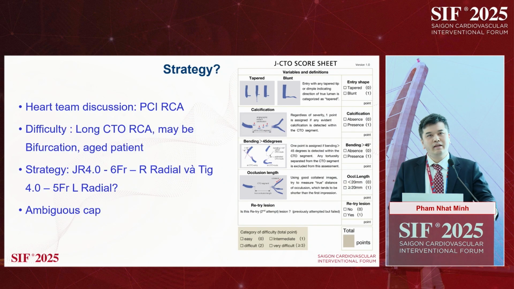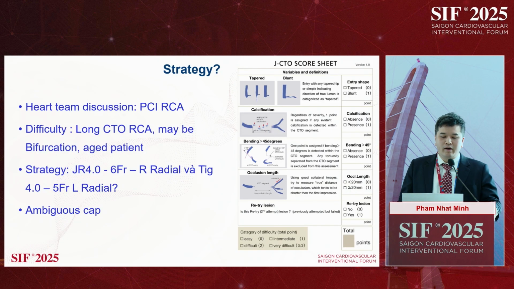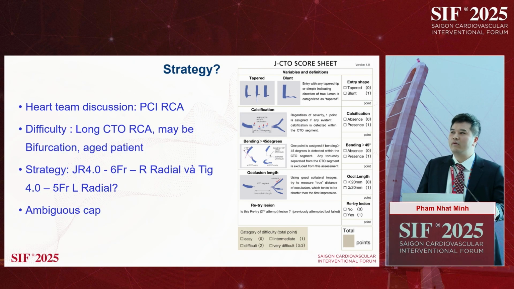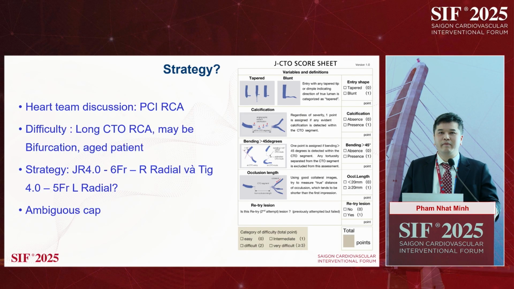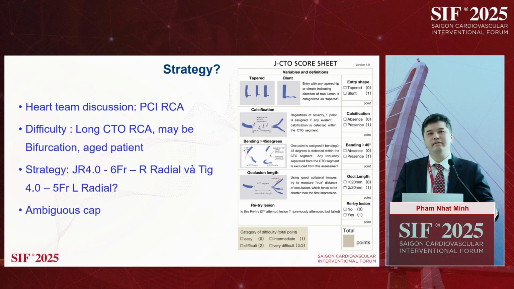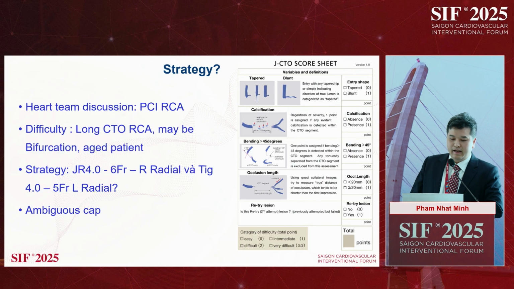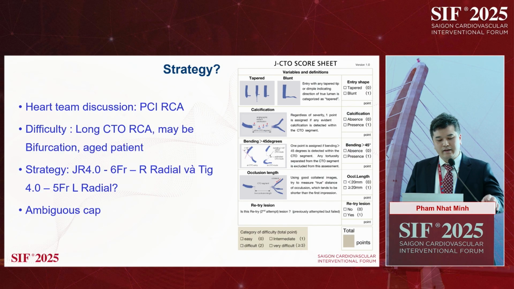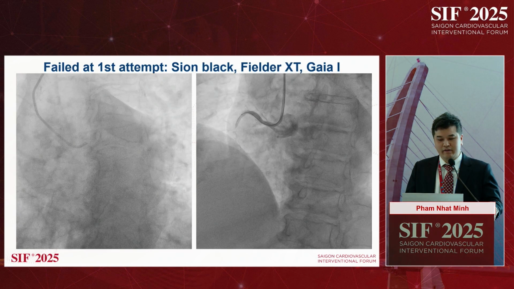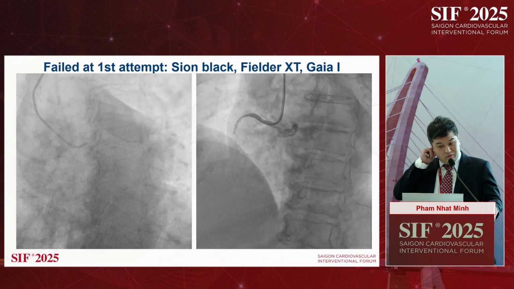So we had to do a PCI on the RCA under pressure, and at that time we were rushing because it was quite late in the afternoon, and my wife was waiting for dinner at night. So we tried to do the case with a JR, only 6 French, and collateral with the Tiger 5 French on the radial.